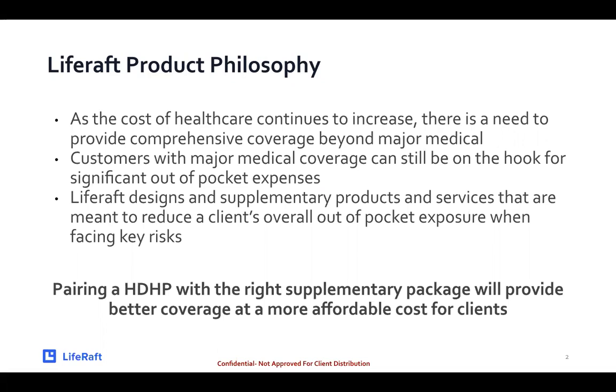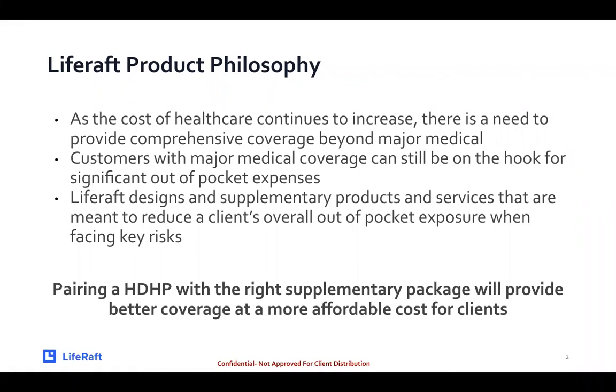We all know that a lot of the bronze level plans look pretty similar already, regardless of the carrier. But I think that's going to continue to be the case. And over time, we may find that they start looking even more similar.